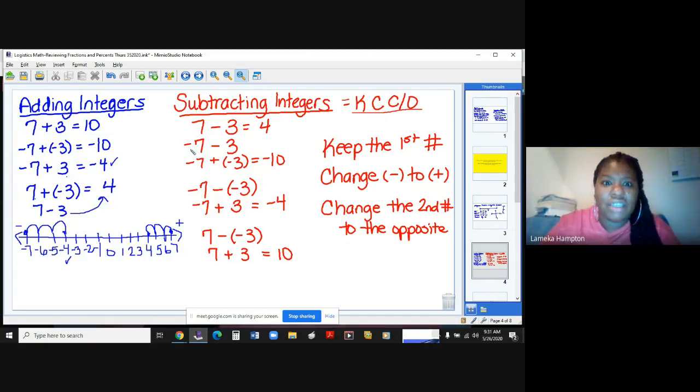Then -3. Now, if someone were to ask you what numbers are negative, then after you do your keep, change, or keep, change, opposite, you would say -7 and -3, because these two numbers are now negative because of the keep, change, opposite rule.